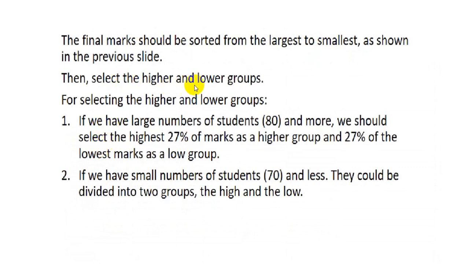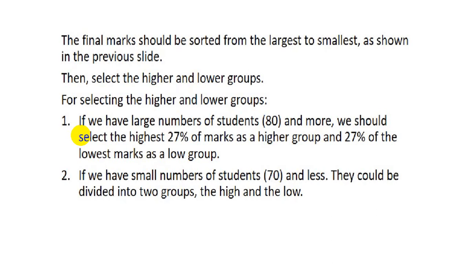Selecting the higher and lower groups. For selecting the higher and the lower groups, we have two procedures. First, if we have large numbers of students, 80 and more, we should select the highest 27% of the marks as the higher group and the lowest 27% of the marks as the lower group.